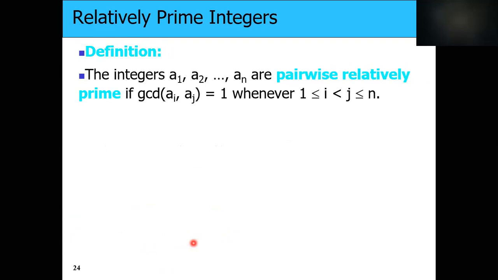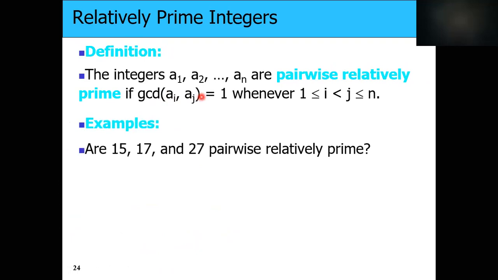Pairwise relatively prime is when the GCD of Ai and Aj is 1 for every pair. In that case, if you look over here, 15 and 17 are relatively prime, but 15 and 27 are not relatively prime.